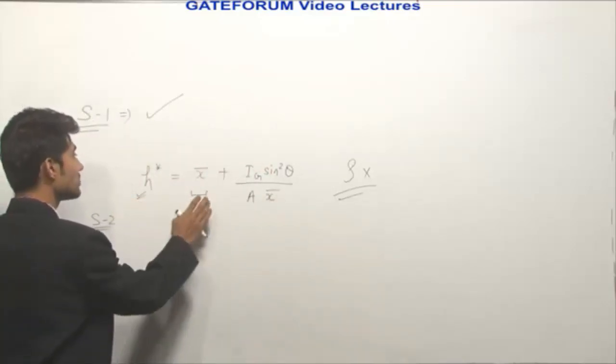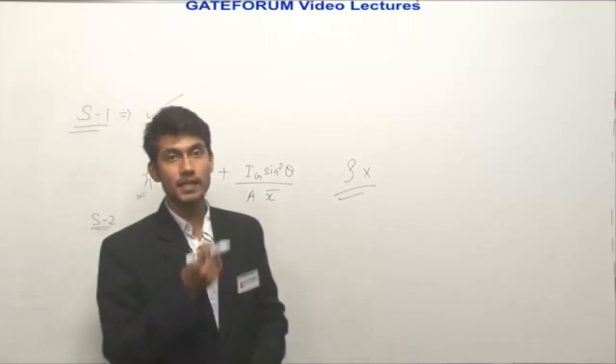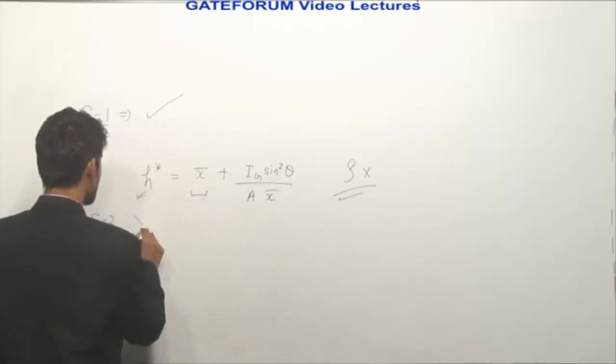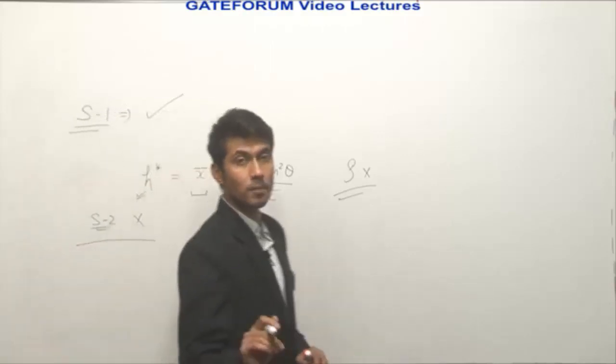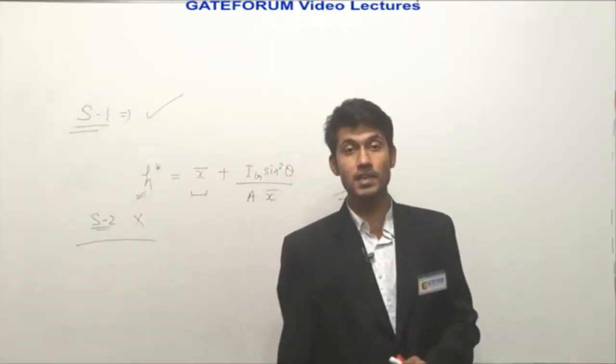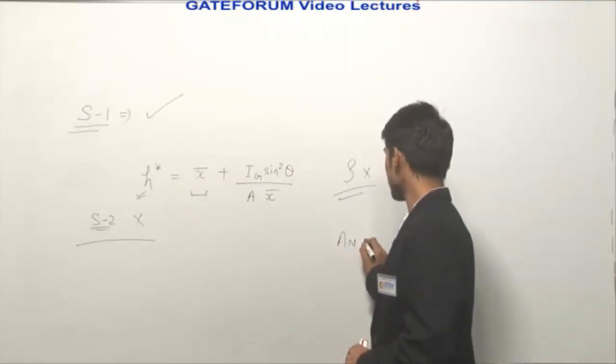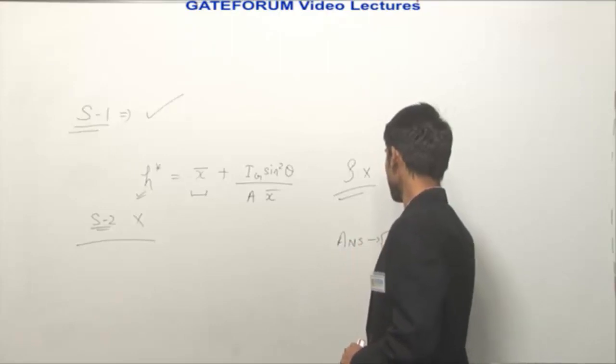So center of pressure is more than x bar, the mean depth or center of area. So statement 2 is wrong. From the options given, statement 2 is false. So our answer will become option C.